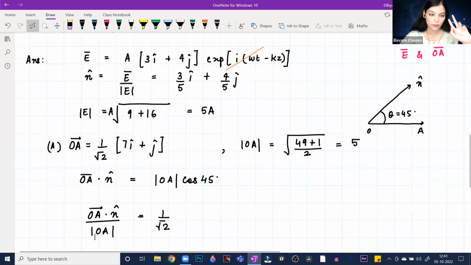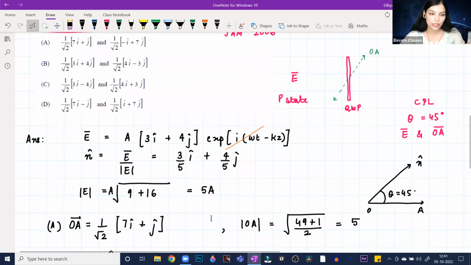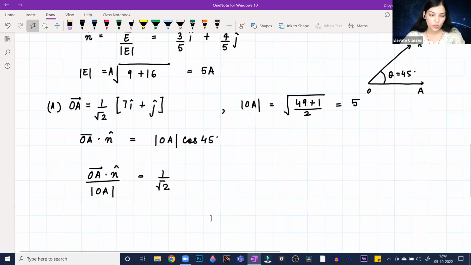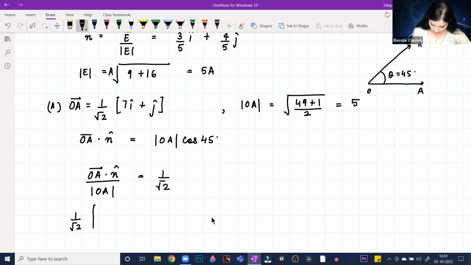So the denominator will be 5 in all of them. Only in the numerator I have to look at what multiplication comes. Here it is 7i plus j. So let me just do the dot product. I keep 1 by root 2 outside. Then I have OA, which is 7 and that is 3. So 7 and 3 is 21 by 5 plus 4 by 5, divided by 5.